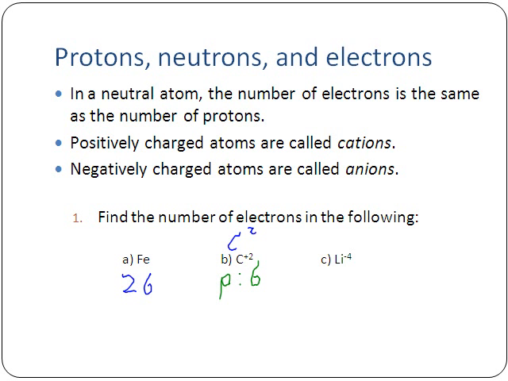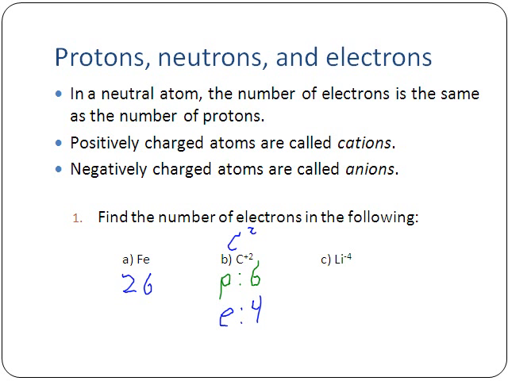If this has a charge of +2, that means there have to be 2 more positives than there are negatives. And so if there are 2 more positives than there are negatives, that means that there are 6 protons, but the number of electrons is going to have to be 4. Because there are, in this case, 2 more protons than there are electrons.